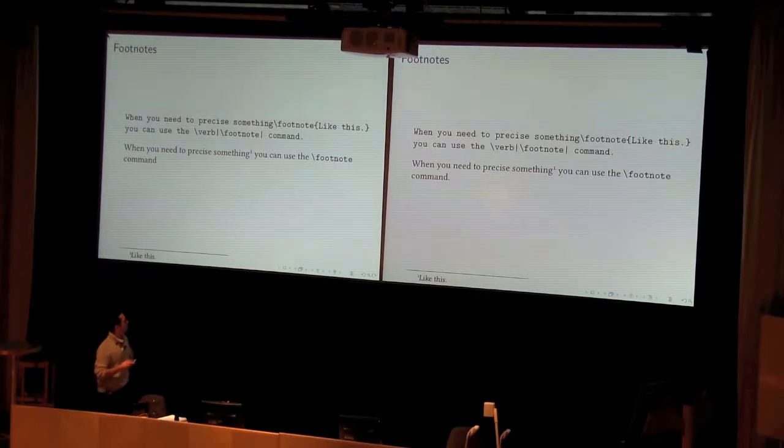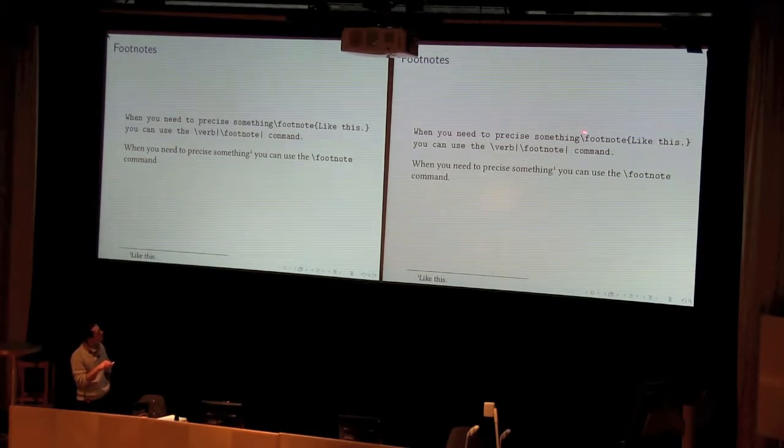You might also want to produce these little notes. I don't know if you can see all, maybe the front row can, but okay. This is just a little comment on what we are talking about. Maybe a very small reference or advice for the reader. So this is not something that is mandatory to read. You can put this using the command footnote.